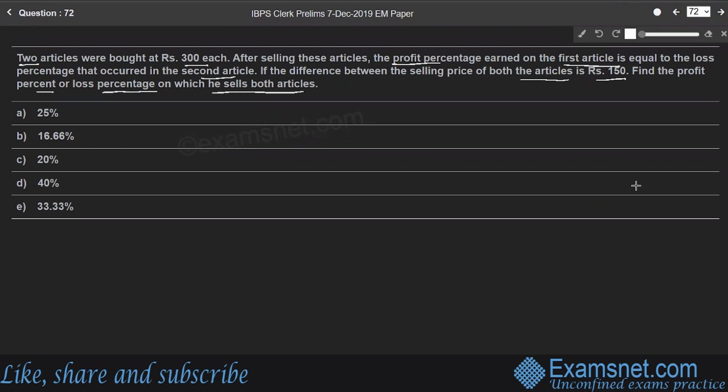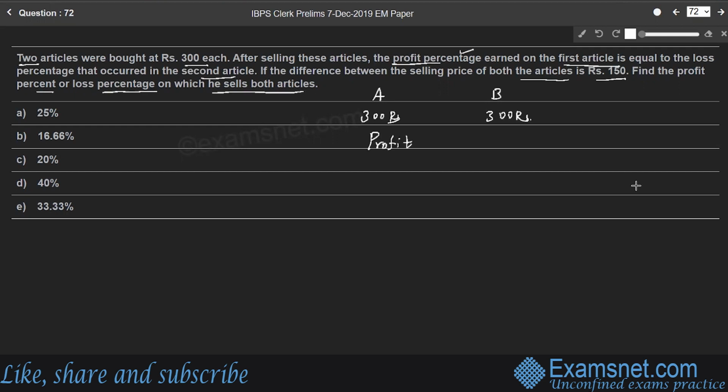So let us consider it is two articles A and B, right? Where the cost price of each article is 300 rupees. Here, article 1 is sold at profit, so profit percentage.